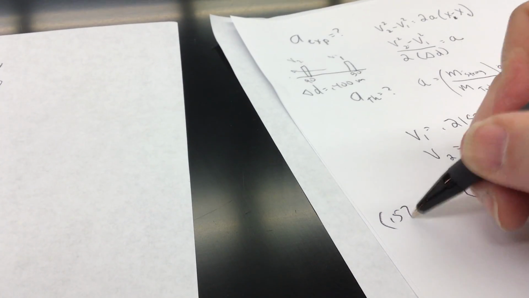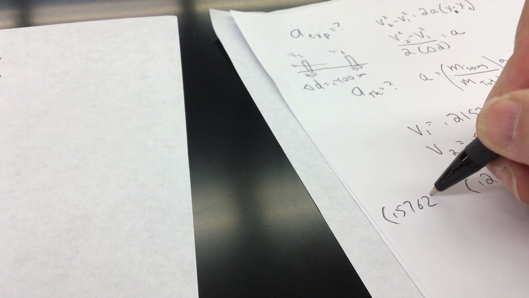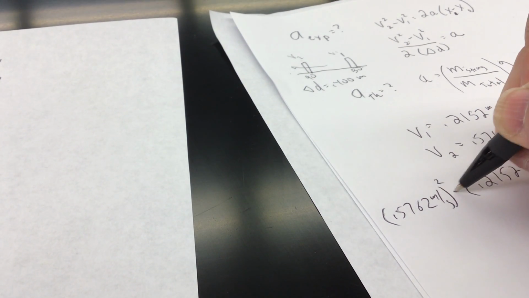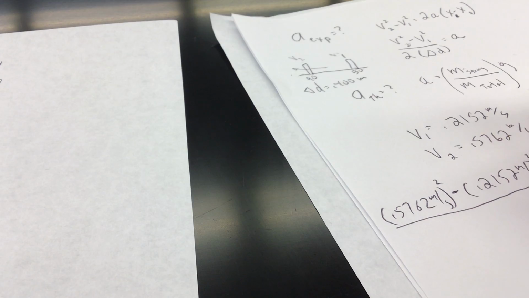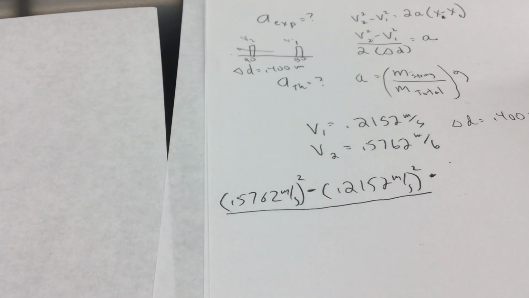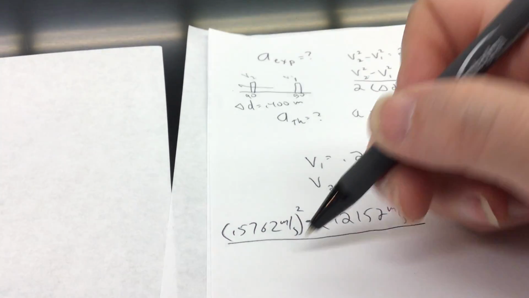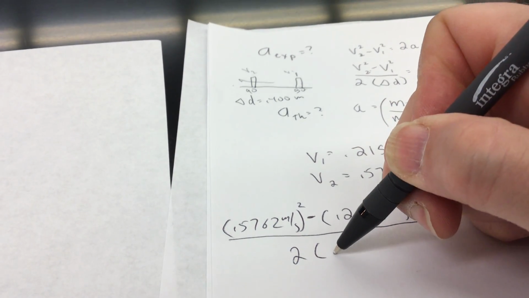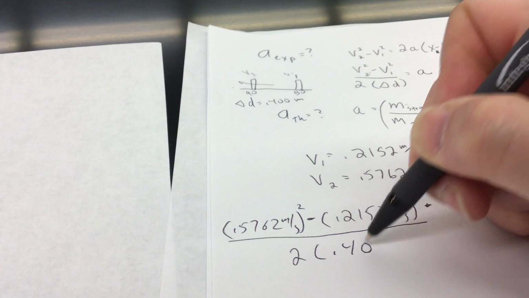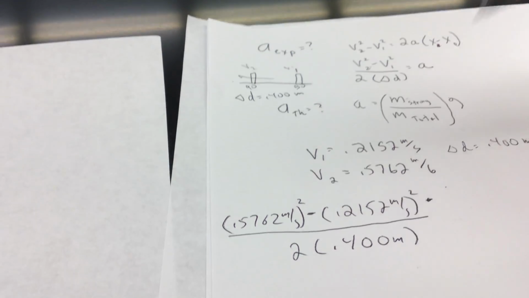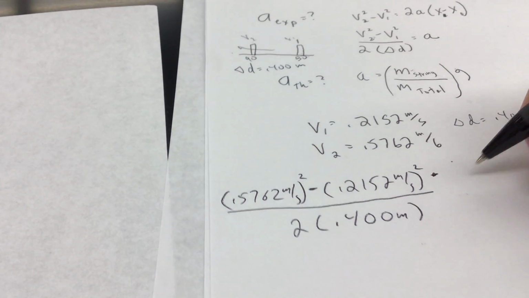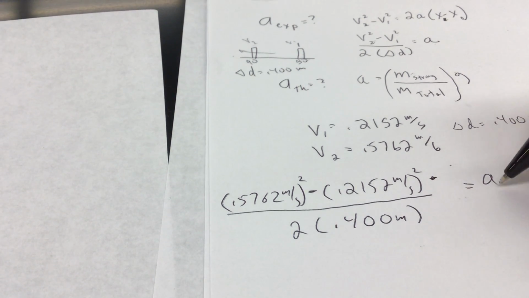V2 is 0.5762 meters per second, and then you square it, minus V1 squared. And it's over 2 times delta d. So 2 times delta d is 0.400 meters. Okay, so that's our experimental acceleration.